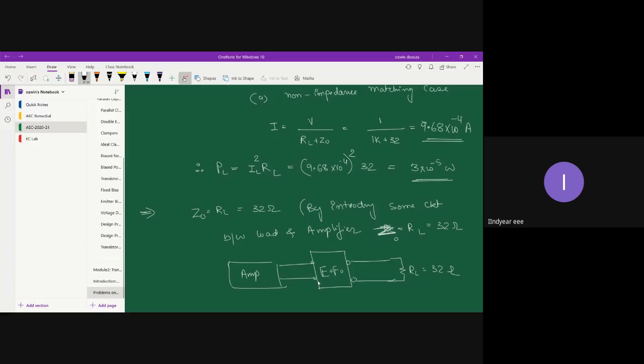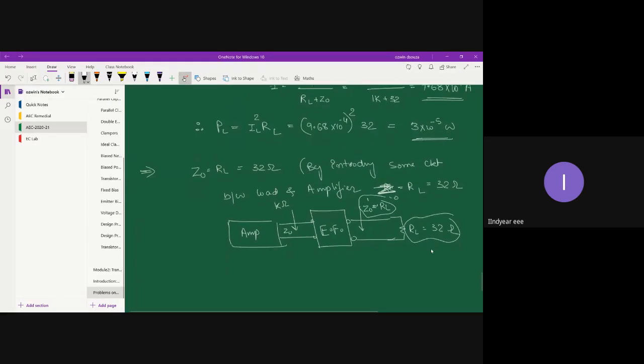What I am trying to achieve is that my earlier output impedance of the amplifier was in kilos of ohms. Due to the insertion of the emitter follower, this output impedance Z0 has become very close to RL. So this Z0 dash is now going to match with this particular load.